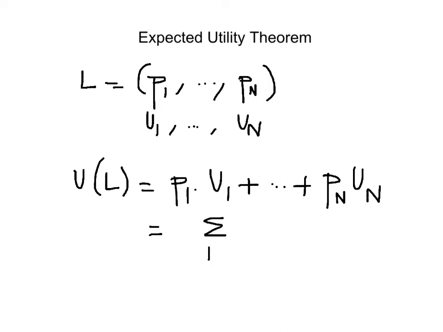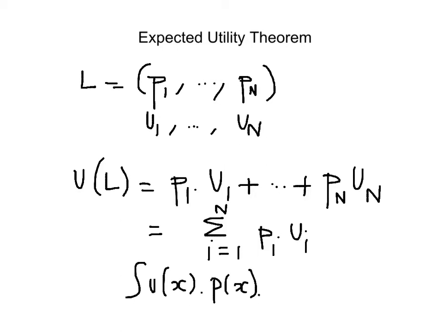So the sum from 1 to n of pi ui. And in continuous form, we can simply write something like this.